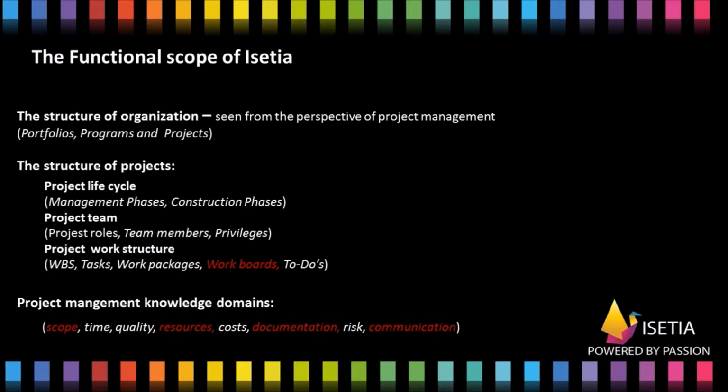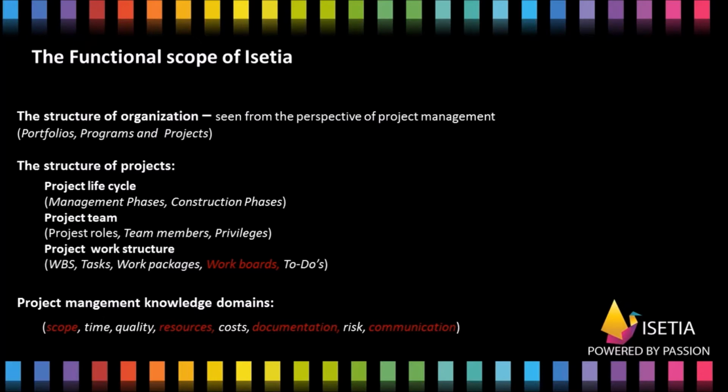So you can model your portfolios, programs and project structure. As concerns the project structure, we can provide you the functionality to model your project life cycle, thinking about management phases and execution construction phases as well.